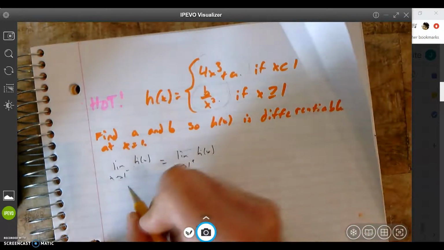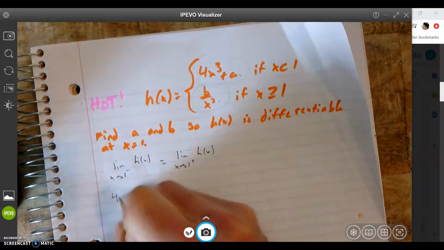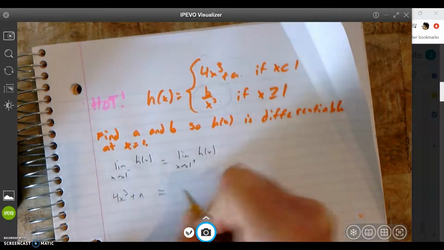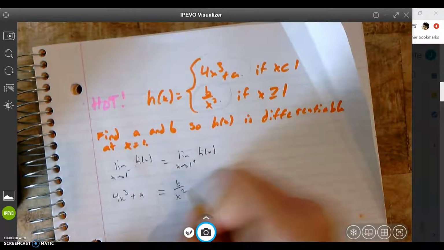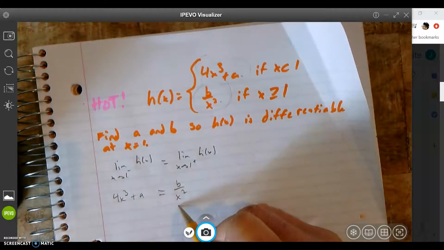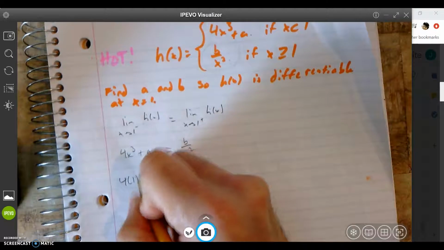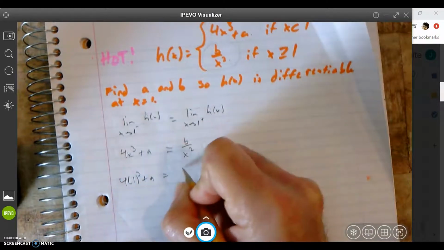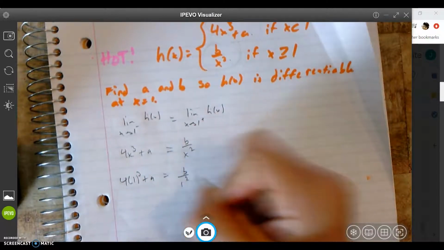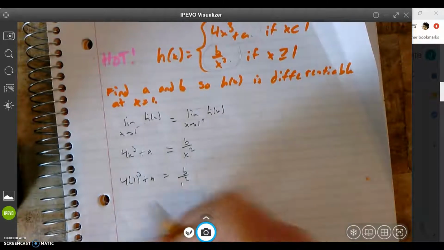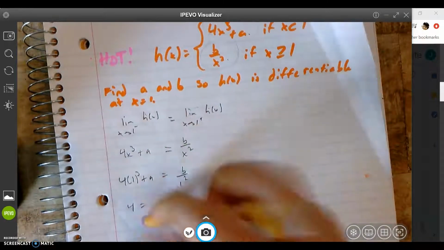And so that's going to be 4x to the third plus a equals b over x squared when you plug in 1. So I'm going to plug in 1 here. 4 times 1 to the third plus a equals b over 1 squared. So that's 4 plus a equals b.